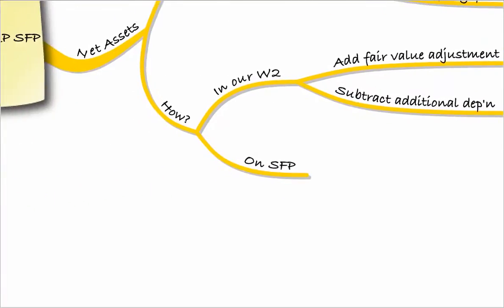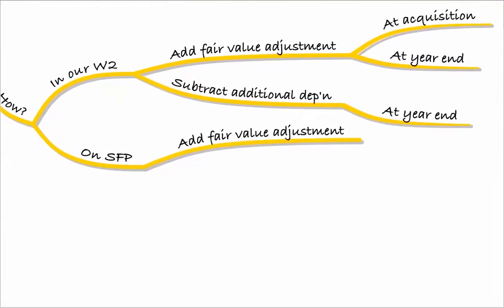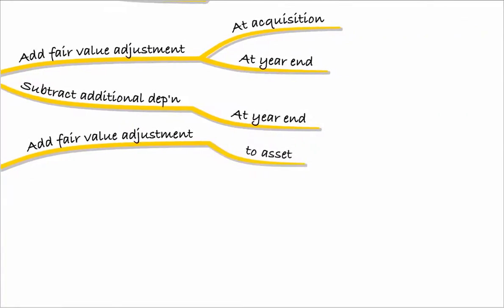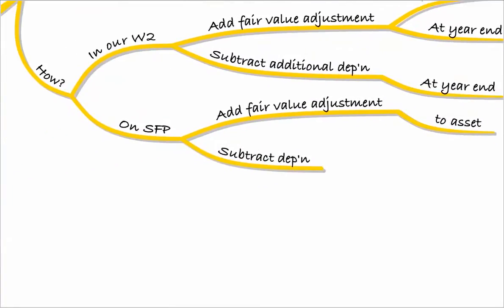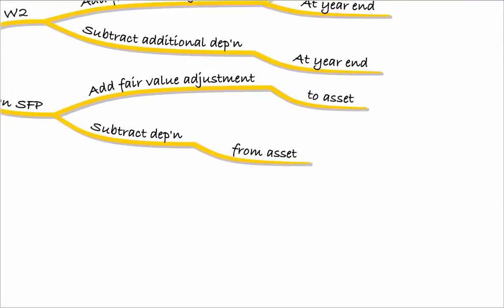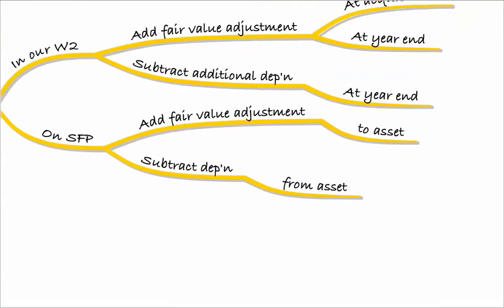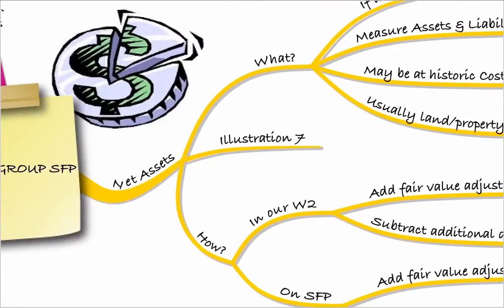On the statement of financial position then, we added the fair value adjustment to the assets when we added them across, and we subtracted the depreciation from the asset as we added them across. So there were two adjustments, one in your working two and then one on the statement of financial position when you're preparing it and bringing it together. So we looked at an example of that in illustration 7 to make sure we could do it.